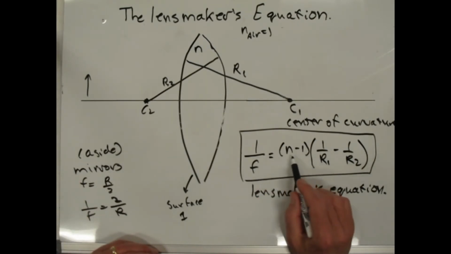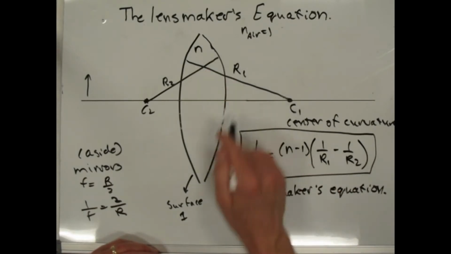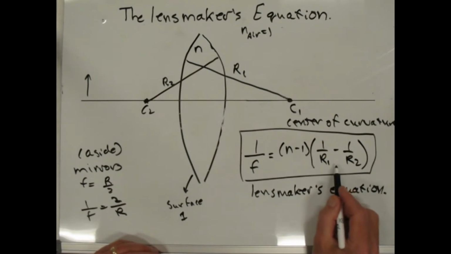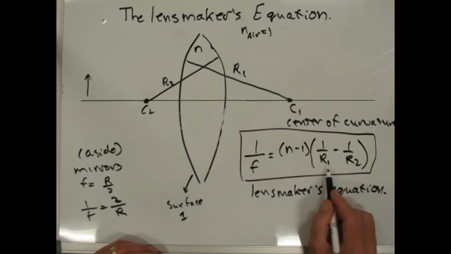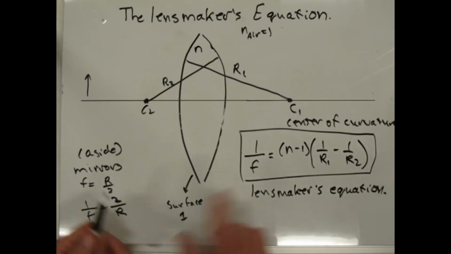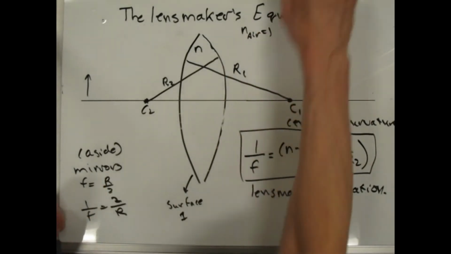For a lens, you need the index of refraction, and you need both radii of curvature because both affect how the rays are bent as they travel through the optical path. And so there are a couple of rules for this that I'm just going to have to write down.